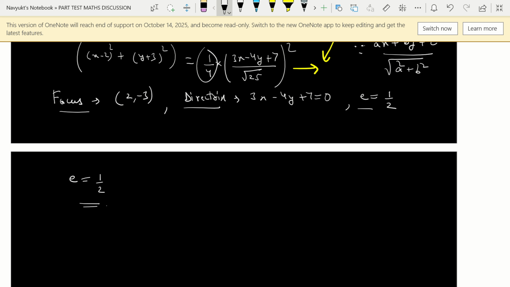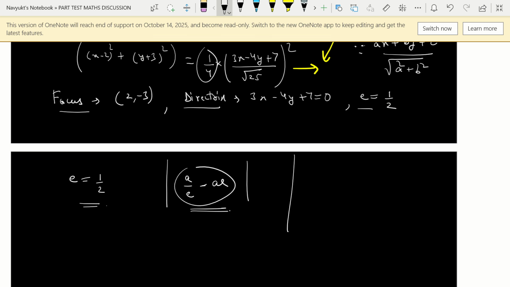So the perpendicular length from the focus to the directrix is basically a by e minus ae. How have we got this? Because the distance of focus from the center is ae, whereas the distance of the directrix from the center of the ellipse is a by e. Hence, this is the perpendicular distance from focus to directrix.